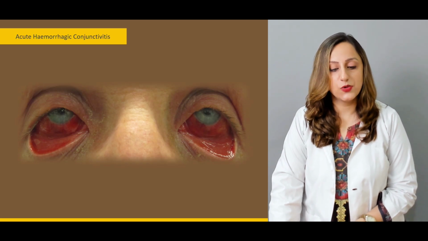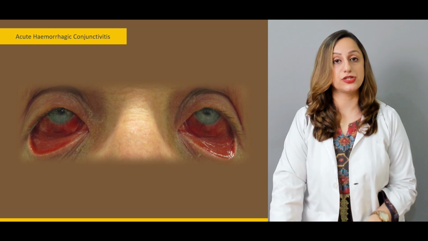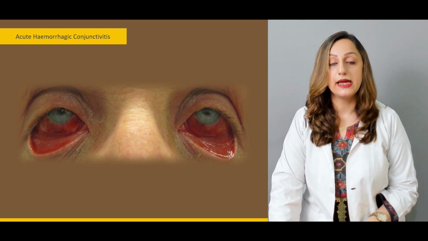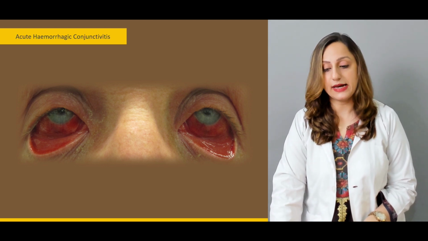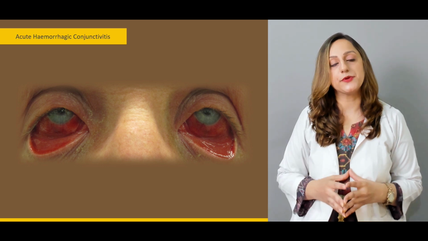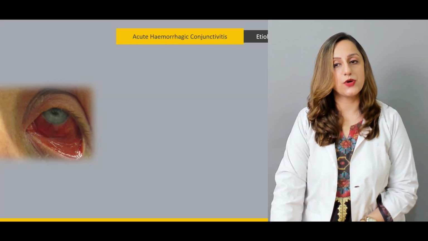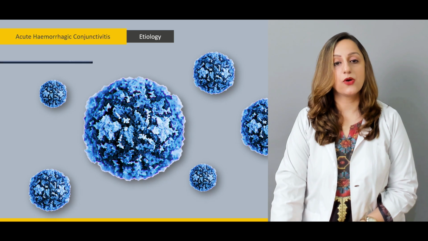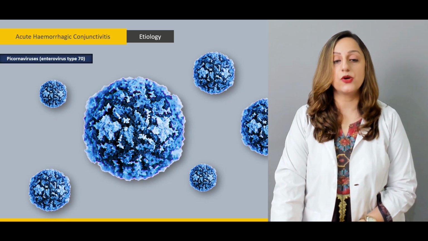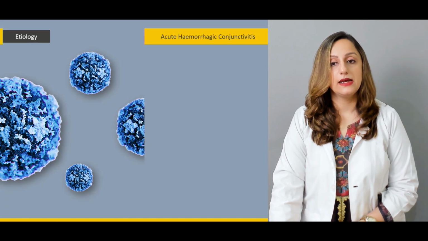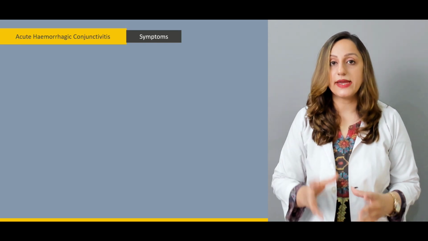Another variant is known as acute hemorrhagic conjunctivitis, which primarily presents with hyperemia as well as follicular hyperplasia, quite commonly seen in these patients. The causative organisms responsible are the picornaviruses, that is enterovirus type 70, which is quite contagious.